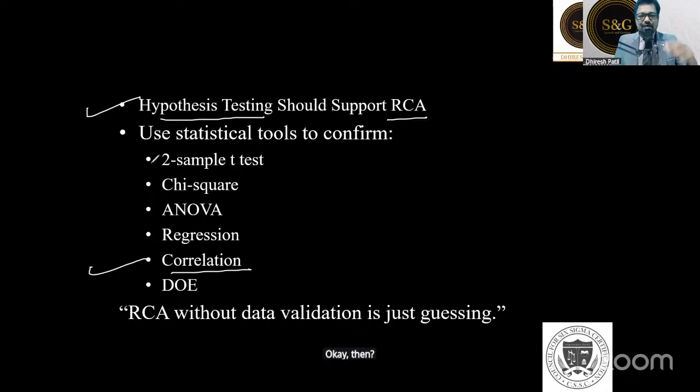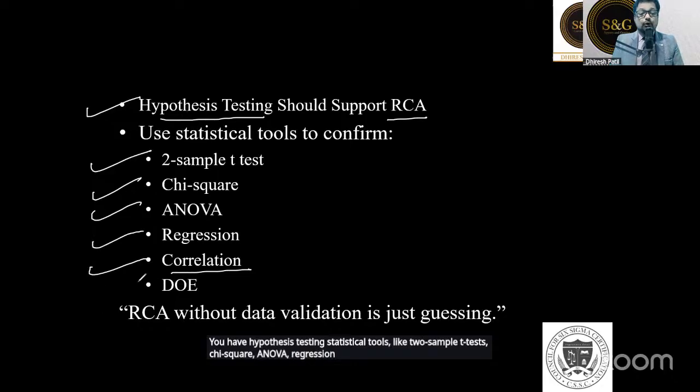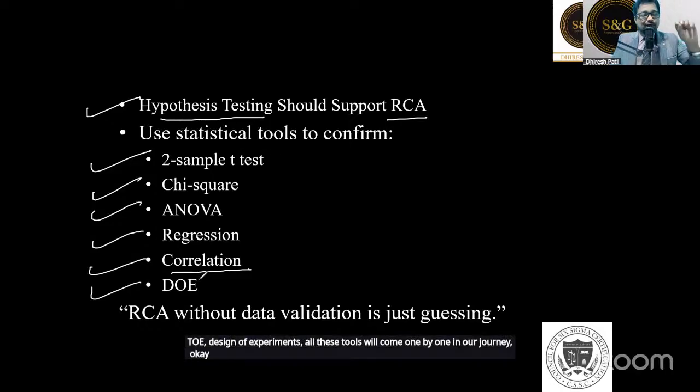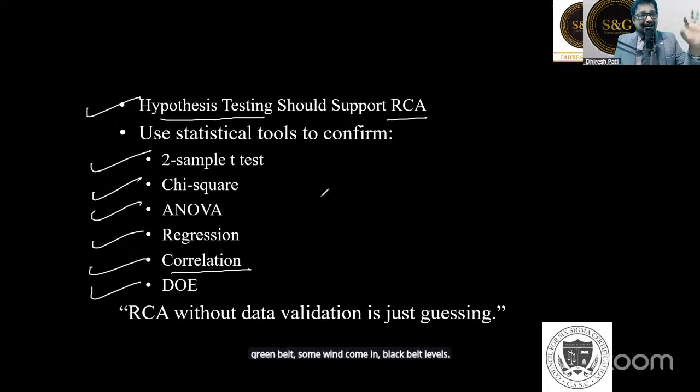Then you have hypothesis testing, statistical tools like two-sample t-test, chi-square, ANOVA, regression, DOE, design of experiments. All these tools will come one by one in our journey. Some will come in green belt, some in black belt levels. But these are the hypothesis, regression, design of experimentation, Gemba. These are the tools which we have to use to validate and support our root causes.